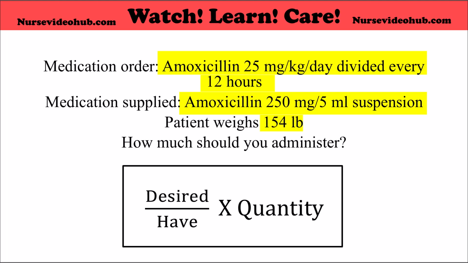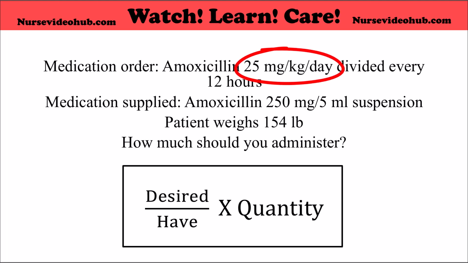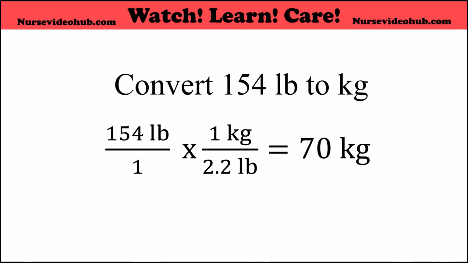When you read this order, 2 aspects stand out as requiring additional attention. The first aspect, the order is written as 25 milligrams per kilogram, but the patient's weight is recorded in pounds. You must convert the pounds to kilograms. To complete the conversion, place the weight in pounds as a fraction over 1, 154 pounds over 1.